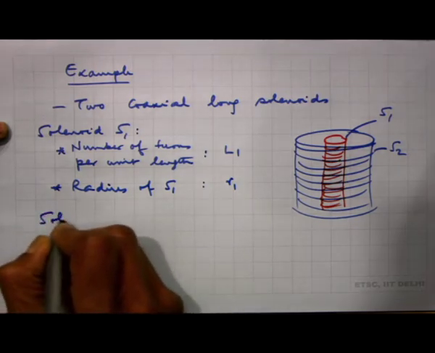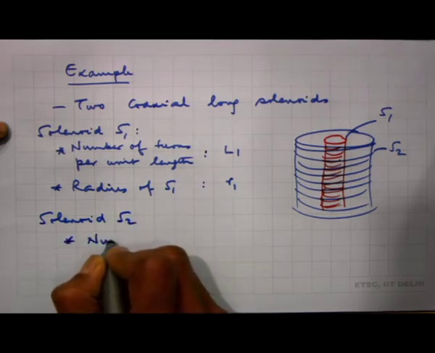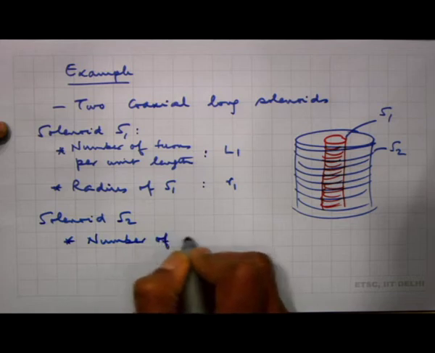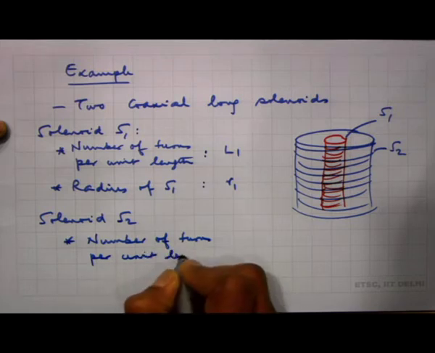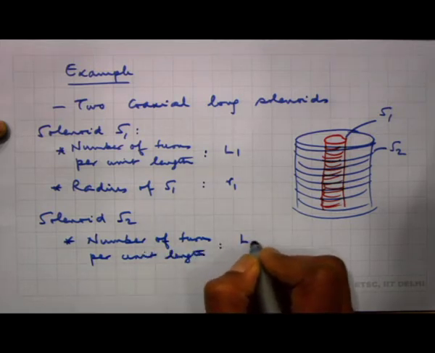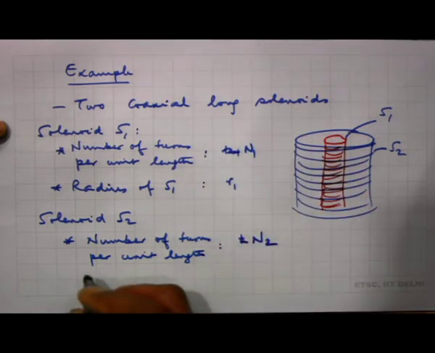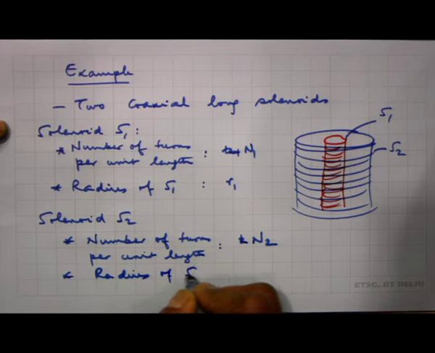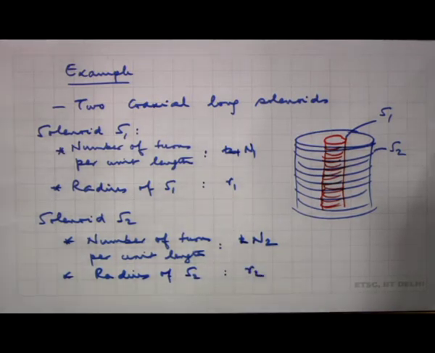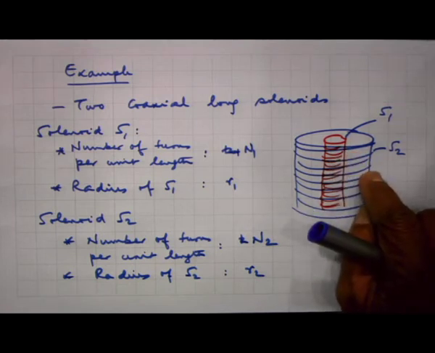Solenoid S2 has number of turns per unit length N2, and the radius of S2 is R2. So, N1 turns per unit length for solenoid S1 of radius R1, N2 turns per unit length for solenoid S2 of radius R2.